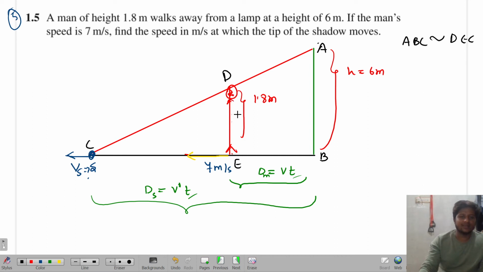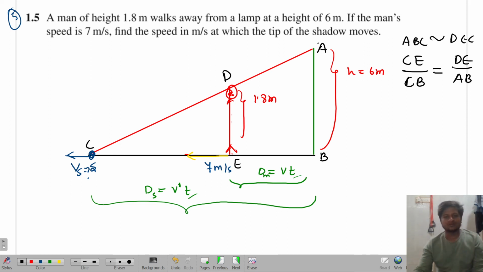So I can write CE, this perpendicular, by this bigger perpendicular CB, is equal to this height divided by base, DE divided by AB. Yes or no? Got it or not?